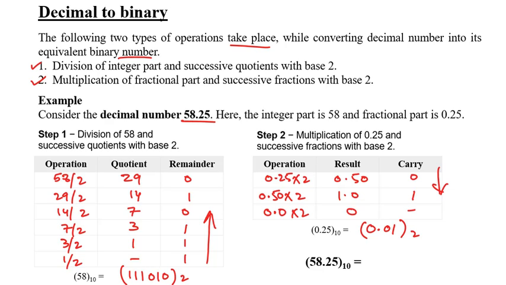At the end, we combine both results to get the binary equivalent of the given number: 58.25 is equal to 111010, my binary equivalent of 58, and .01, my binary equivalent of 0.25. This is how we convert the given decimal number into its equivalent binary.